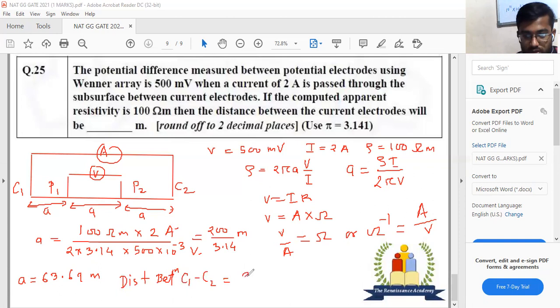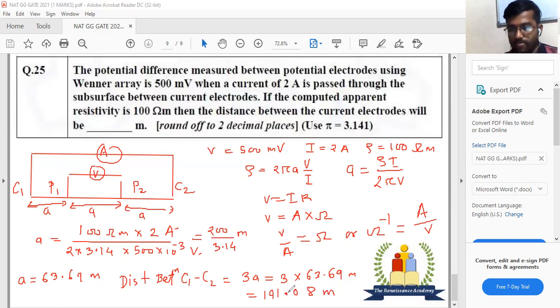This total distance is 3A, that is 3 multiplied by 63.69 meter. After multiplying with 3, you will get your final answer, that is 191.08 meter. This is your final answer.